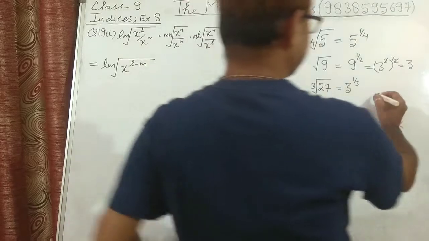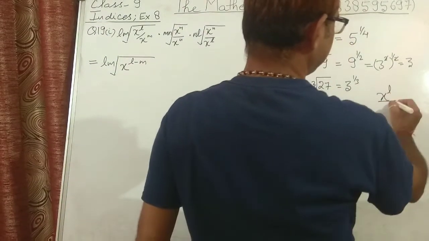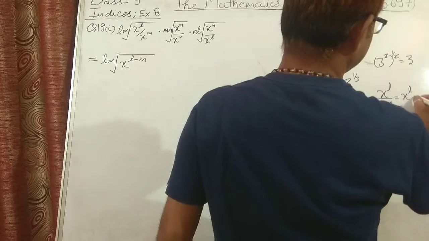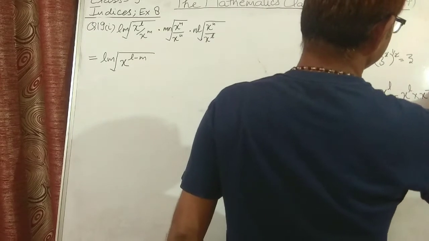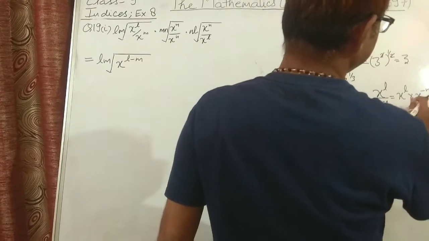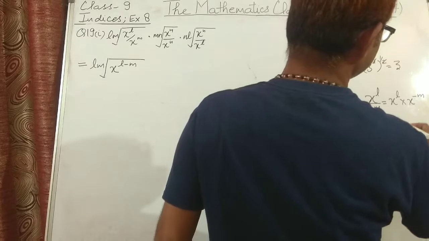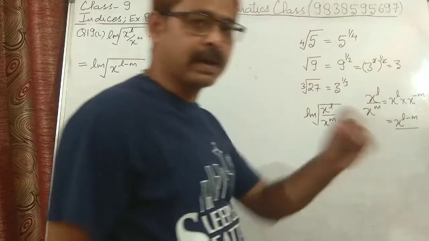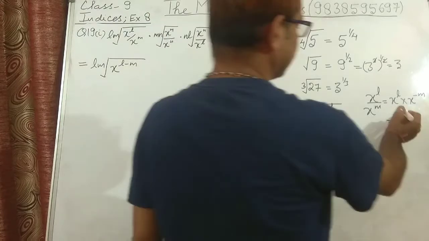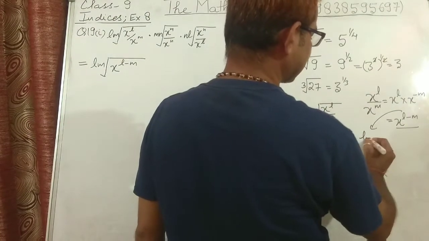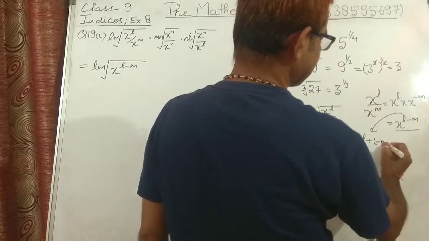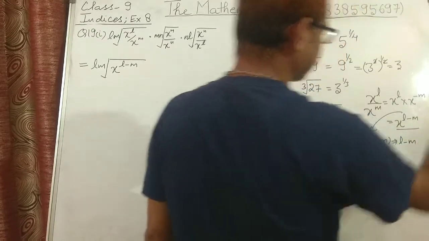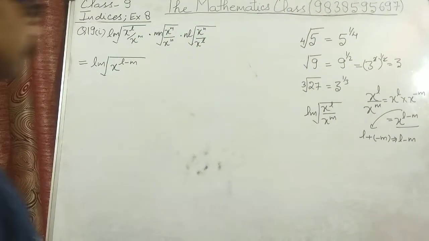X to the power l upon x to the power m can be written as x to the power l into x to the power minus m. We know when the bases are same, powers get added. So x to the power l minus m. So finally it becomes l minus m.